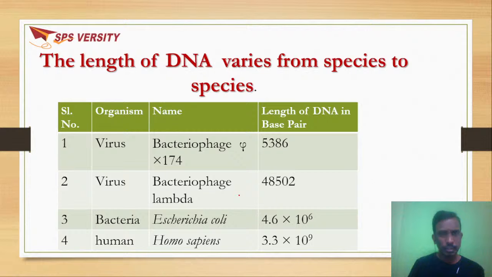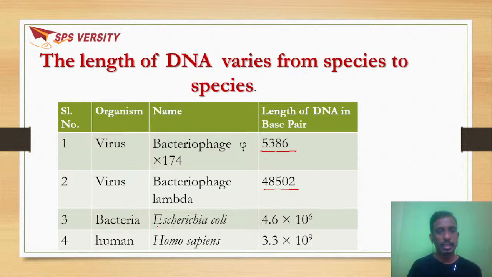Let us take some examples. Bacteriophage phi X 174 has 5386 base pairs. Lambda bacteriophage has 48,502 base pairs.